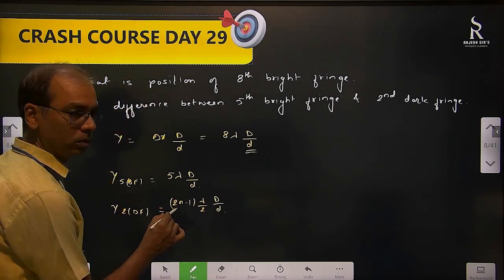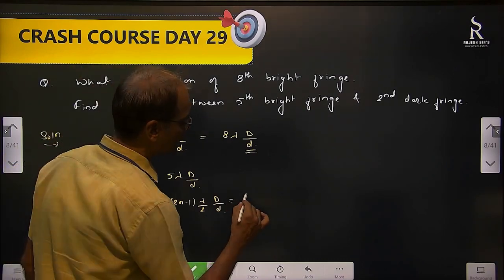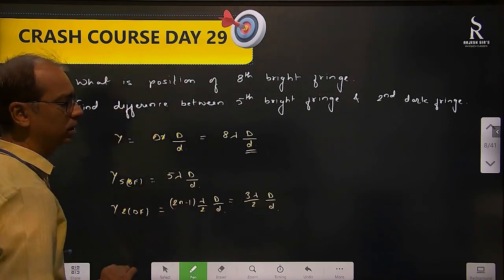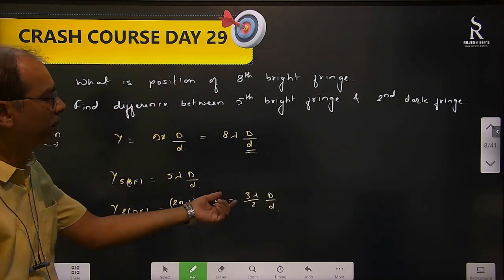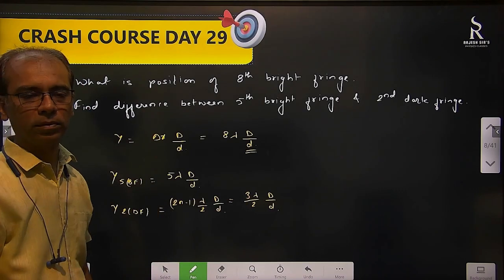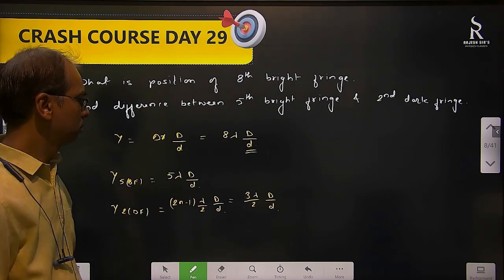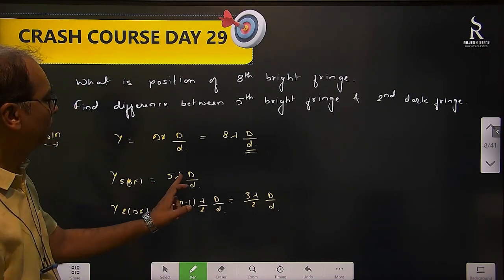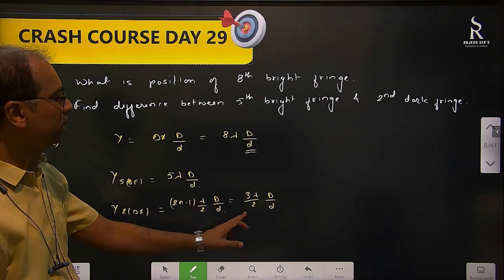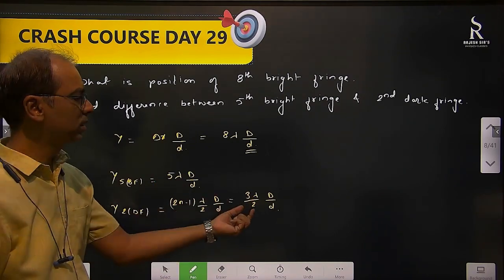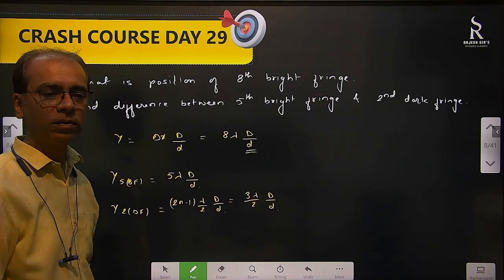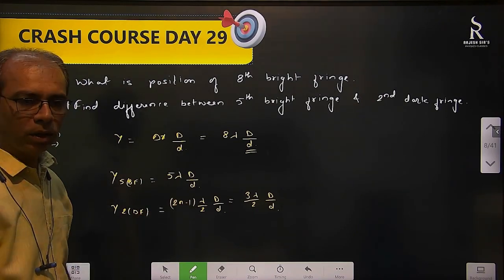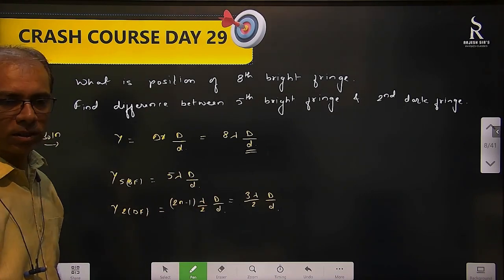So 2 into 2 minus 1, that is 3. So 3λ/2 times D/d. Now what is the difference between the two? This is 3/2 and this is 5. So what is the difference? 5λD/d minus 3λD/2d. So this is 5 minus 1.5, 3.5. 7/2 λD/d will be the difference between the two. Okay, 5 minus 3/2, that's it.